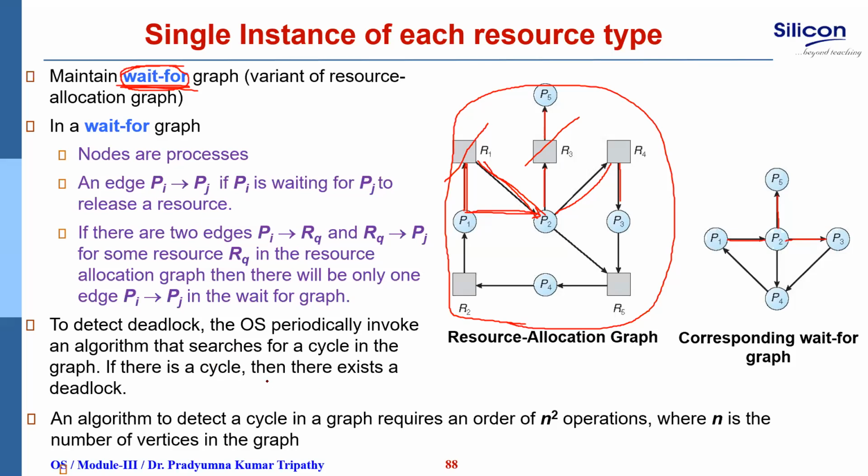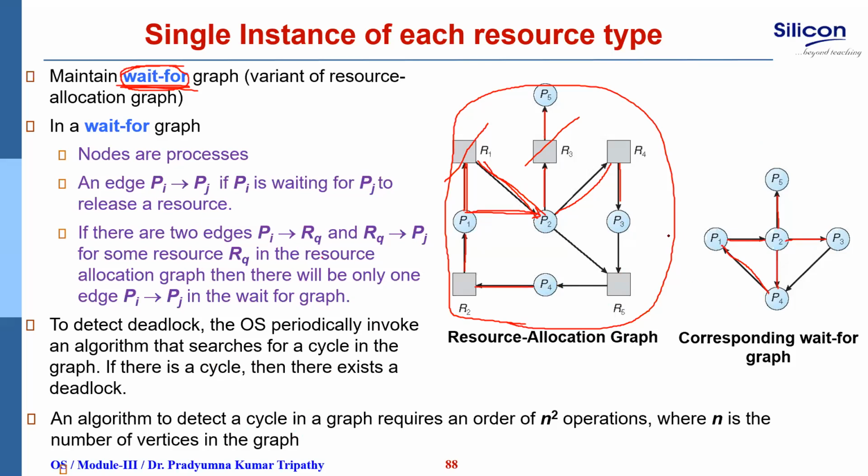In the same way, P4 to R2 and R2 to P1, so I can put P4 to P1. P2 to R5, R5 to P4, so I'll have an edge from P2 to P4.